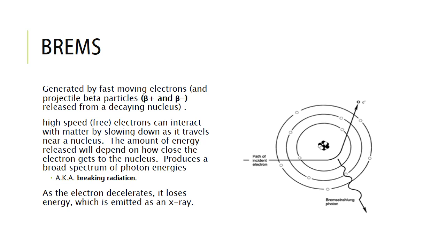And if I asked you which types of radiation generate Bremsstrahlung radiation, I would hope that you would answer beta radiation and positron, because remember, positrons are betas also, they're beta positives.